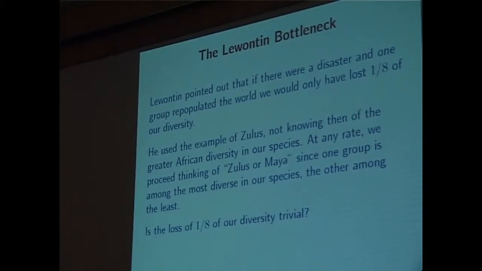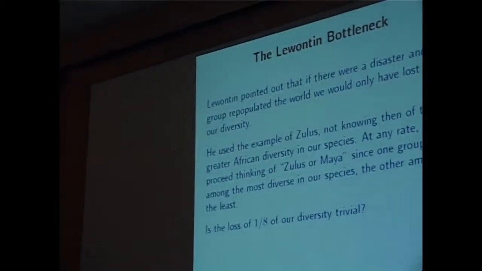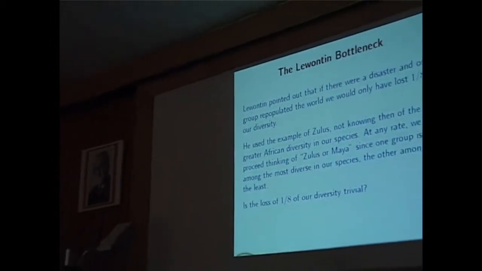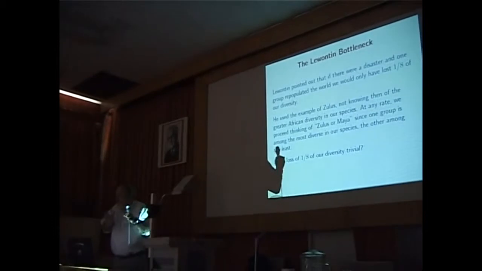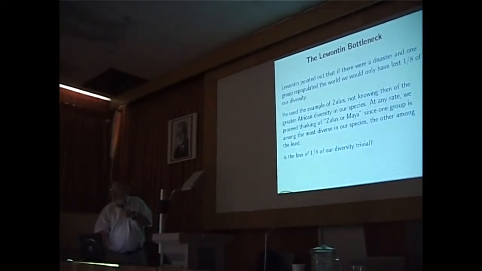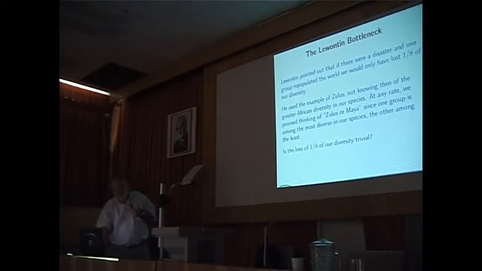Is this loss of 1/8 of our diversity meaningless? Well, when we're going to try to treat things with models, we always look at the extreme cases, so let's look at a very extreme case of a bottleneck.